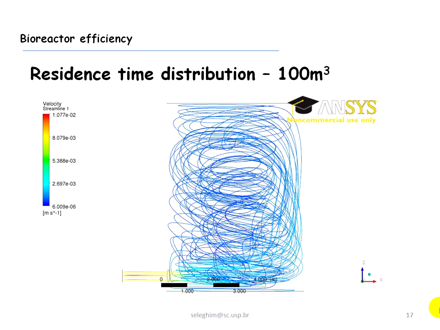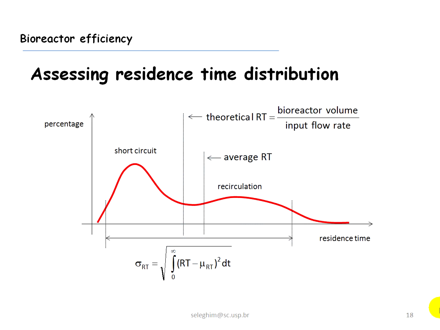Okay, so what can happen when we calculate these residence time distributions? You see things like this. First of all, here, let's say it's your theoretical residence time, calculated by dividing the volume by the input flow rate. Okay. Here you have your actual average residence time, which is an average determined by this distribution here, okay? And you can see things like this. You have short circuits.